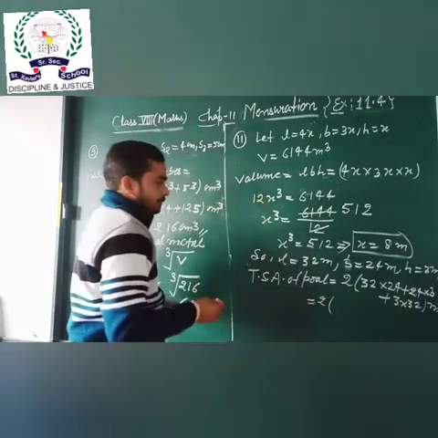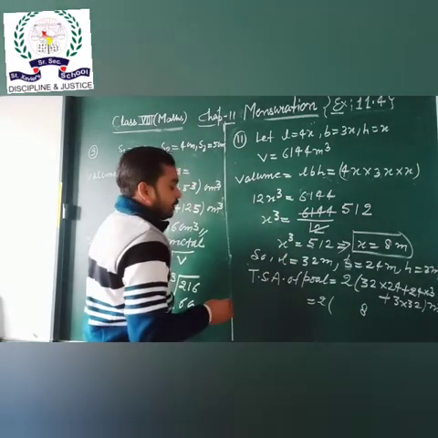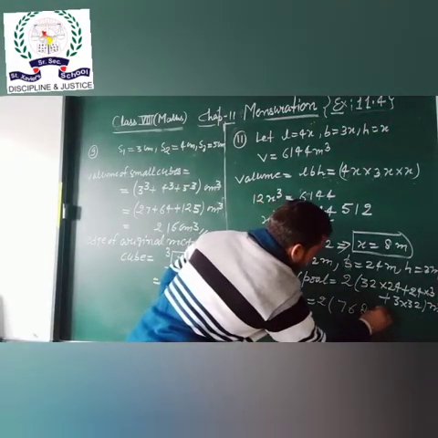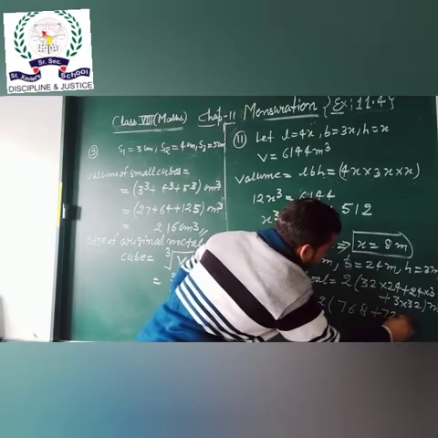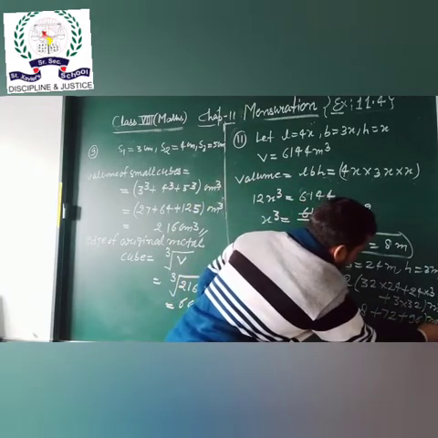Then multiply: 24 2s are 48, 4 is carry, 24 3s are 72 plus 4 is 76, 768, plus 24 3s are 72, plus 32 3s are 96 meter square.